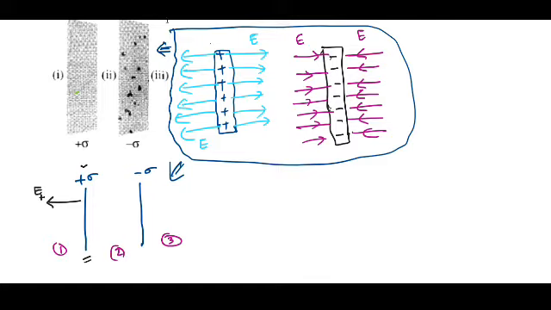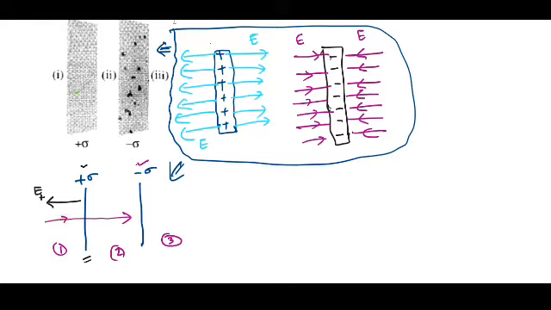Now, the second plate is negatively charged, it contains minus sigma charge density. The electric field lines due to these negative charges are always going into the plate.